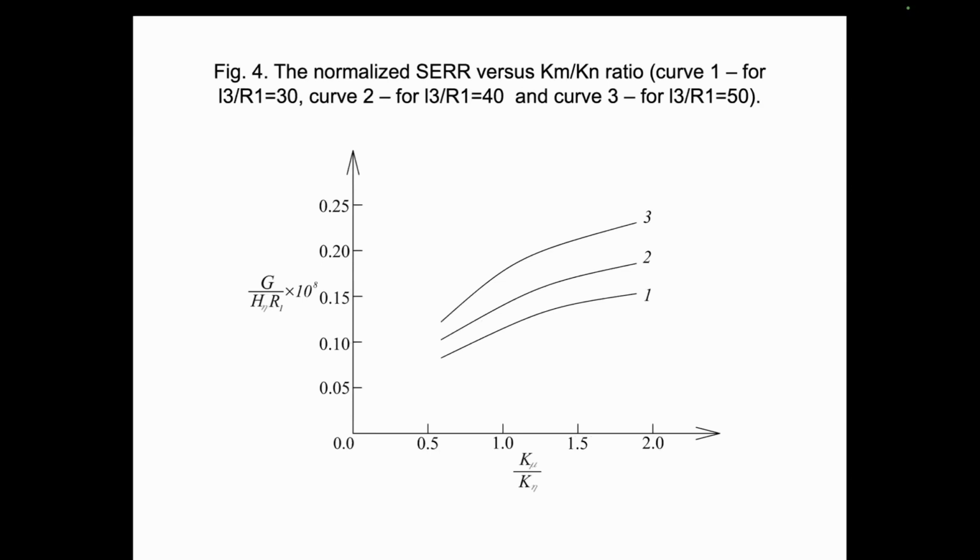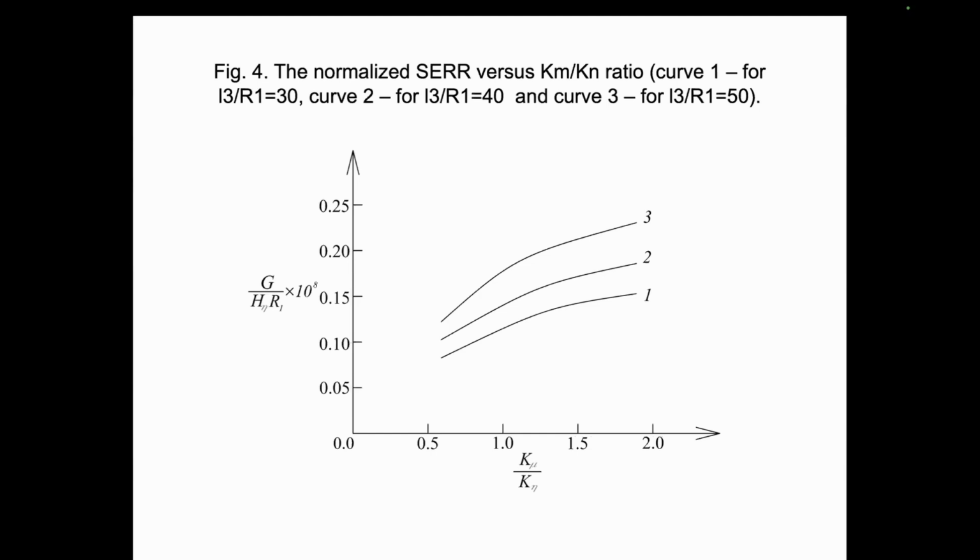The change of the normalized strain energy release rate when K mu to K eta and L3 to R1 ratios grow is examined too. The corresponding curves are shown in figure number 4.